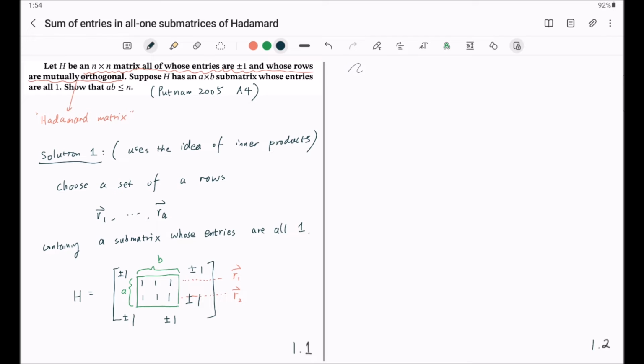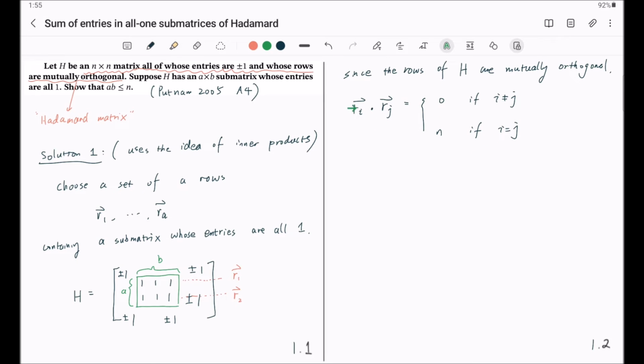Now since the rows of H are mutually orthogonal, we know Ri dot product with Rj will be equal to 0 if i is not equal to j, and is equal to n if i is equal to j.